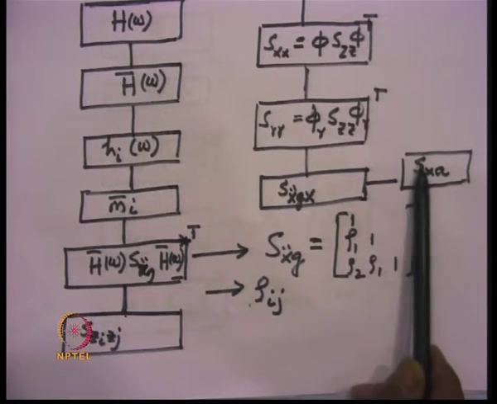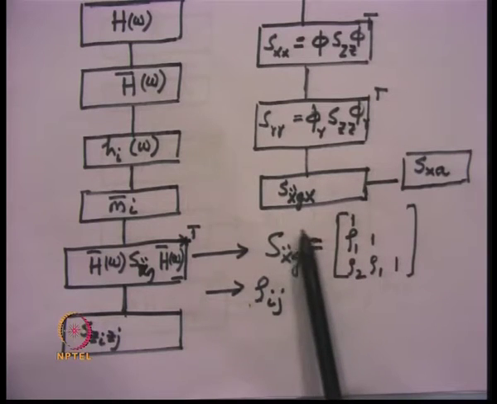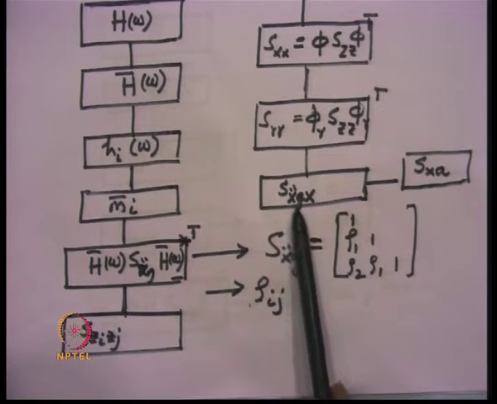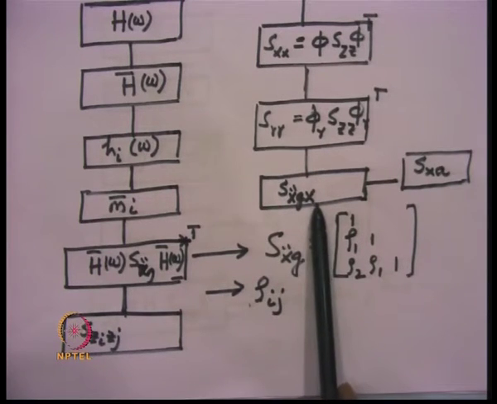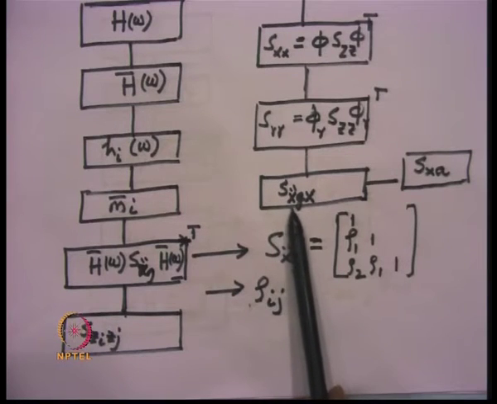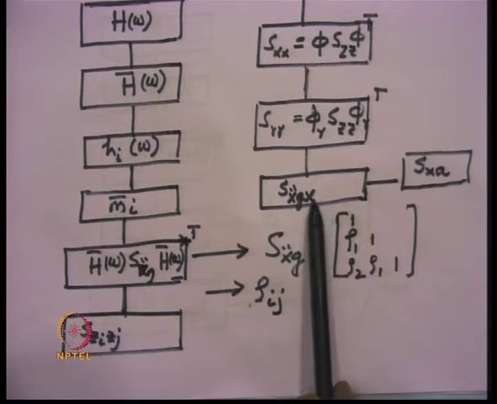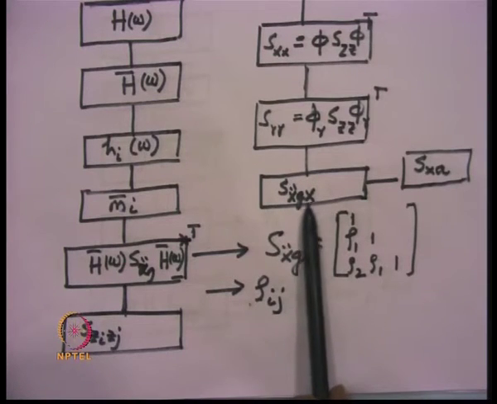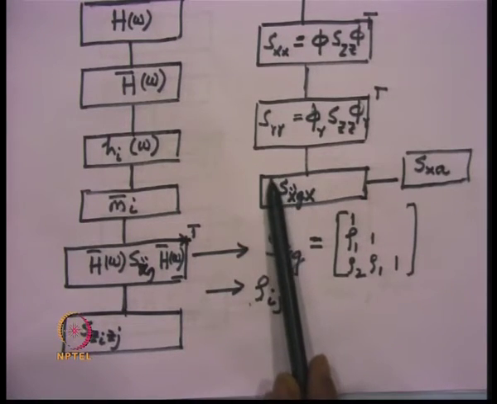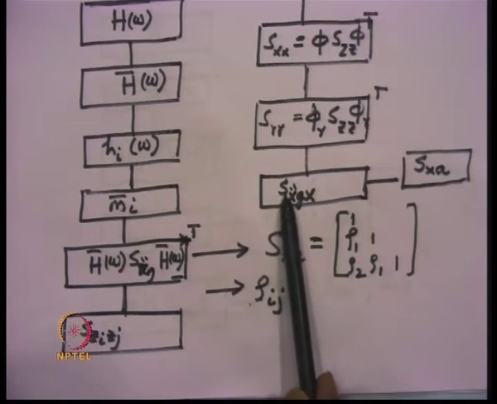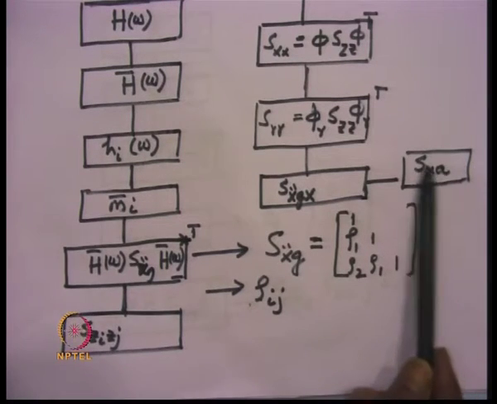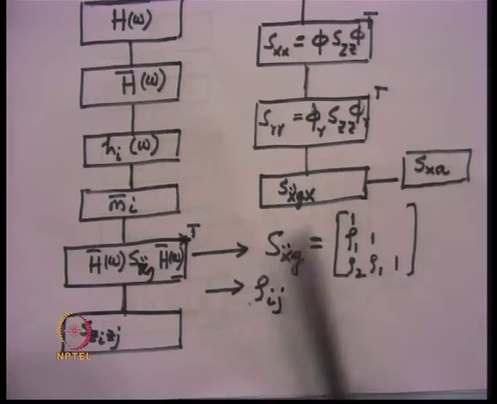If you are interested in finding out that, then what we require is an additional expression which is Sx double dot G x, that is the cross power spectral density function matrix between the excitations and the displacements, and this is also given in the form of an equation which we have explained before. So, we obtain that and also keep it in the memory if we are required to obtain the power spectral density function matrix of absolute displacement.